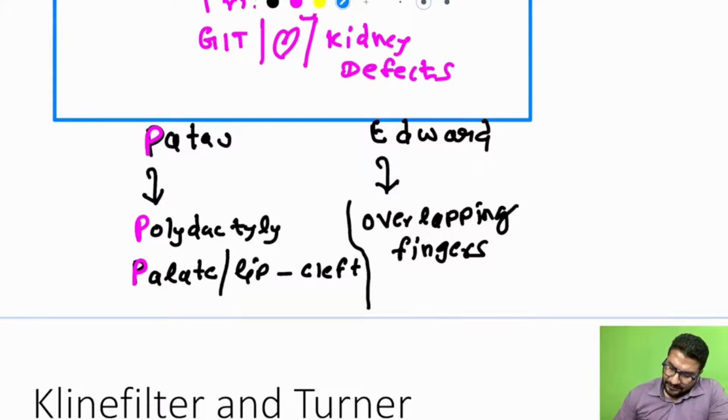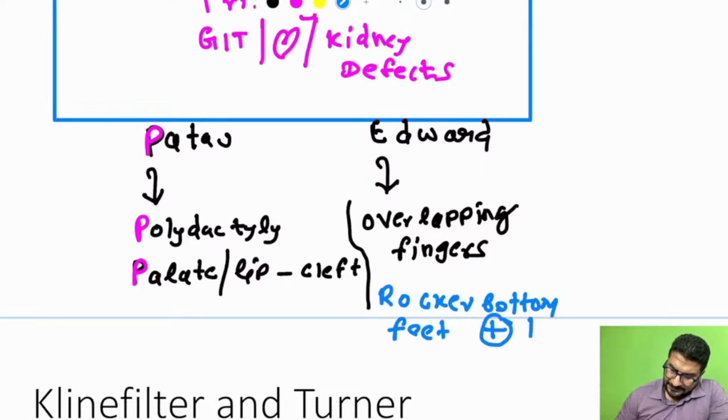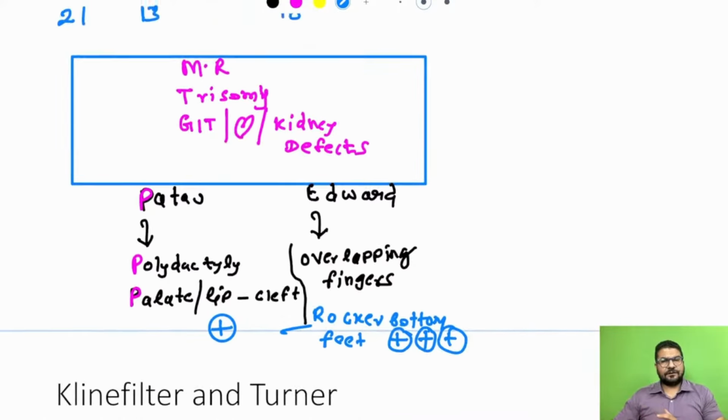Then there is a term called rocker bottom feet. You will see rocker bottom feet classically in Edward, but remember you can also see it in Patau, though it is more classical for Edward. So these are the differences which you have to remember.